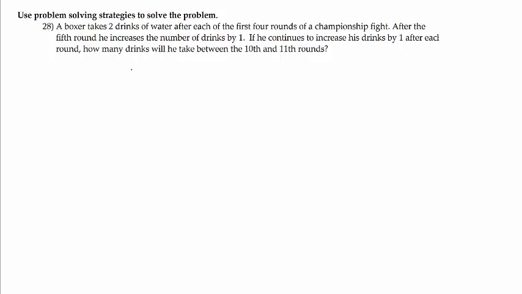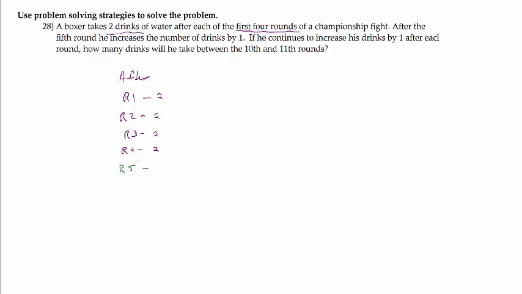Okay, so after round 1, how many drinks does he take? He takes 2. After round 2, after round 3, after round 4, after the first 4 rounds, he takes 2 drinks of water. So all of these are going to be 2. Now what happens when he gets to the 5th round?